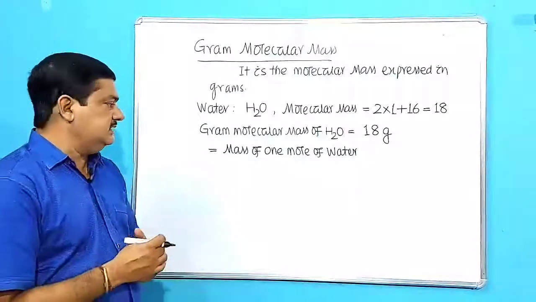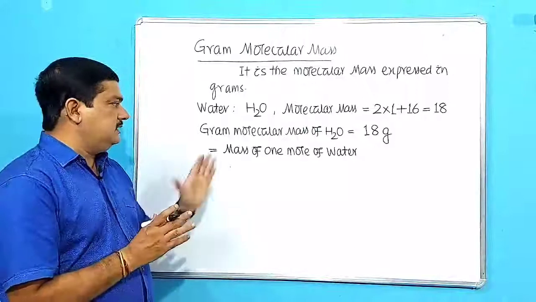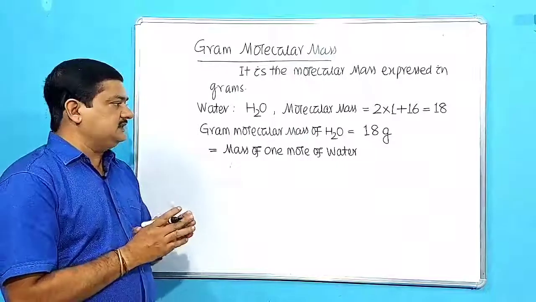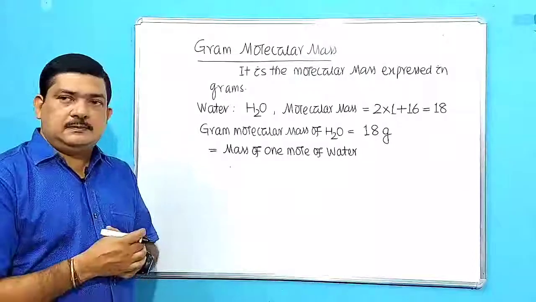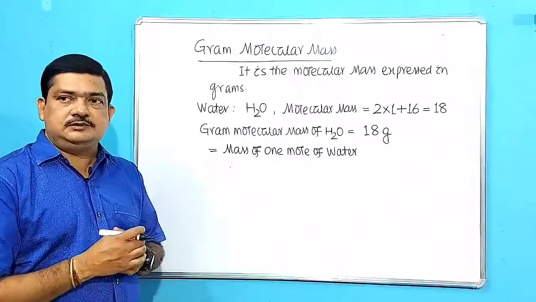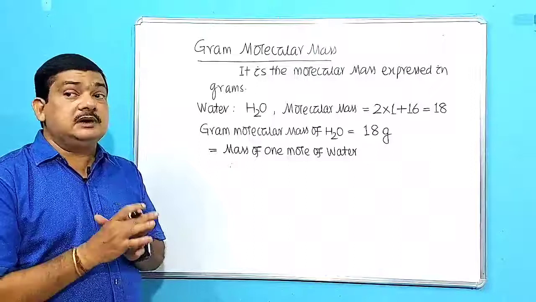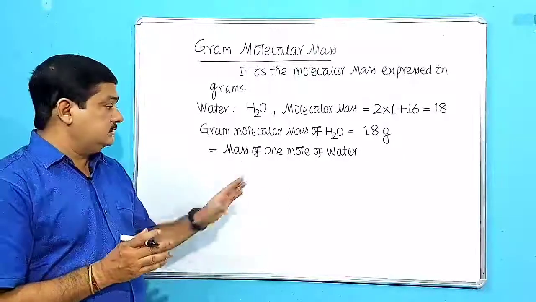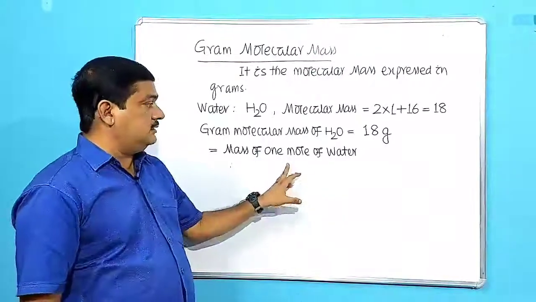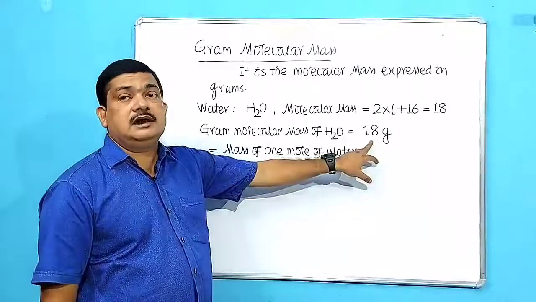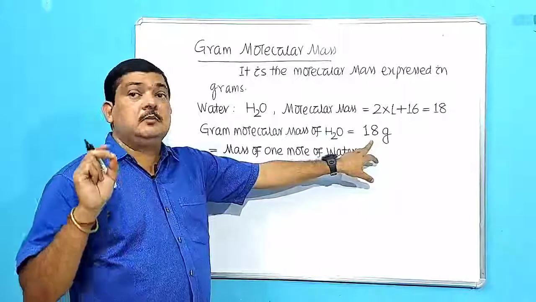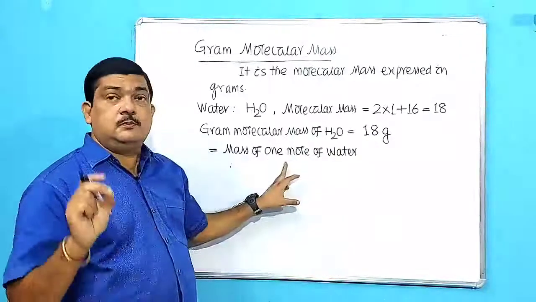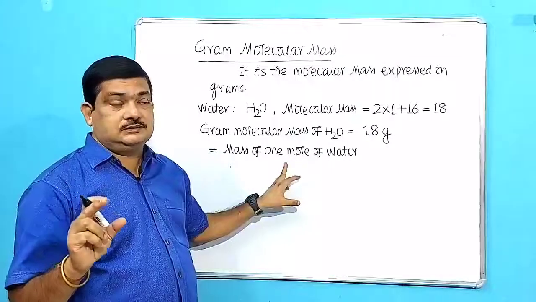So for the time being, you remember what is the uniqueness of gram molecular mass? It is the mass of 1 mole of water. Mole is a bigger unit. Avogadro number, 6.023 into 10 to the power 23 molecules, that is called a mole. So if you take 1 mole of water, what will be its mass? Equal to gram molecular mass. So gram molecular mass is also called molar mass. That means the mass of 1 mole of that substance.